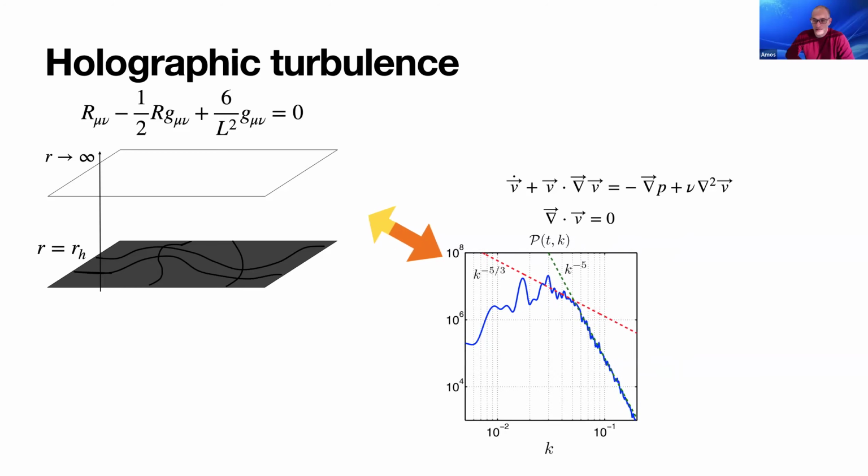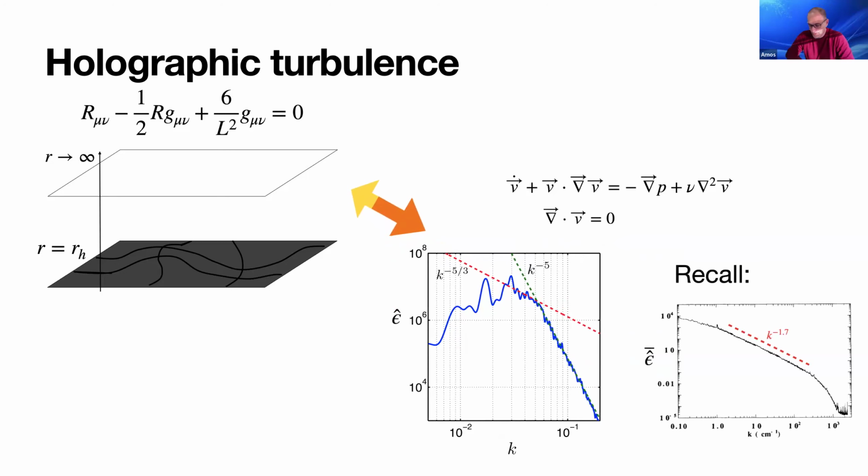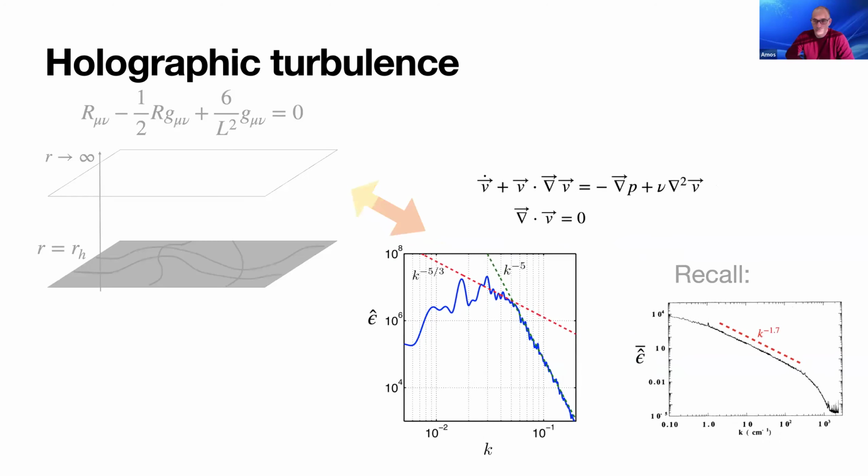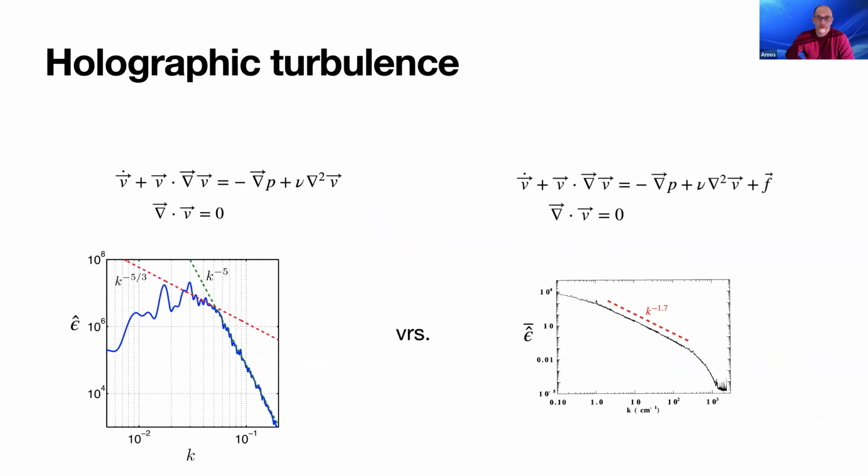Remember that we had this picture here. What we're comparing is something where we don't have any forcing, because we're just reproducing the incompressible Navier-Stokes equation, versus something where we have some extra driving force.